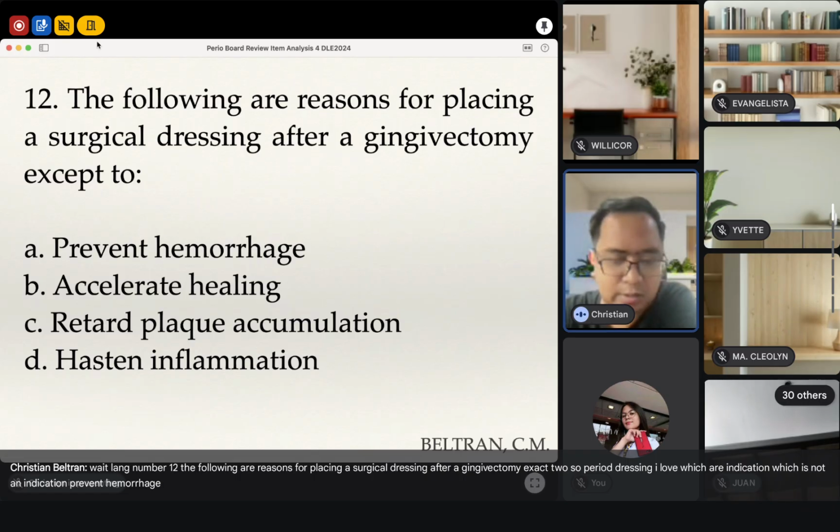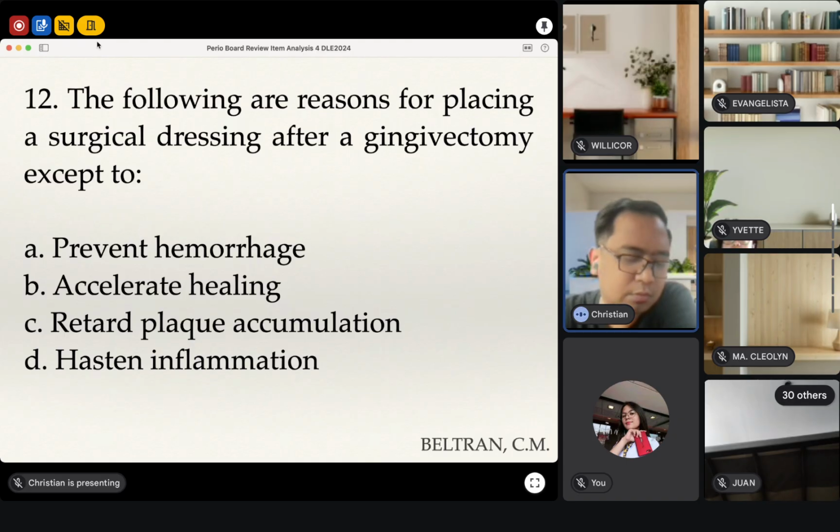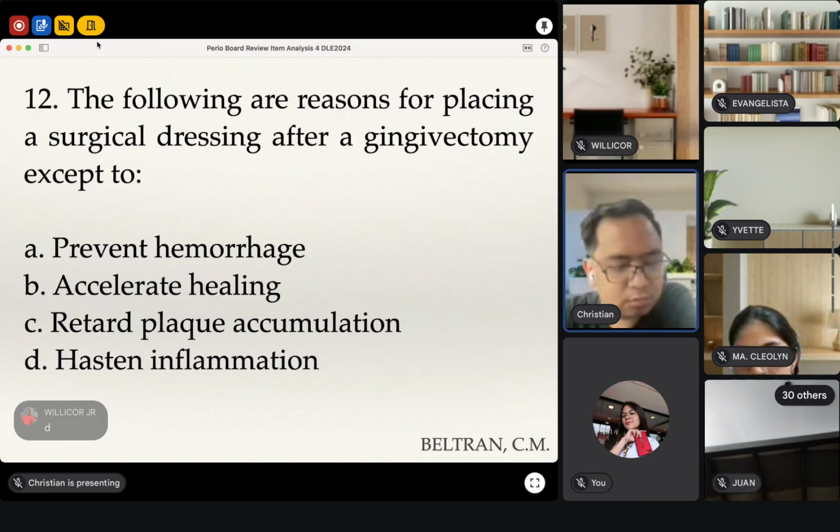Prevent hemorrhage, accelerate the healing, retard the plaque accumulation, hasten inflammation. Parang dalawang answer dito. Wait lang ha, basahin ko lang ulit. Except. What's your answer?